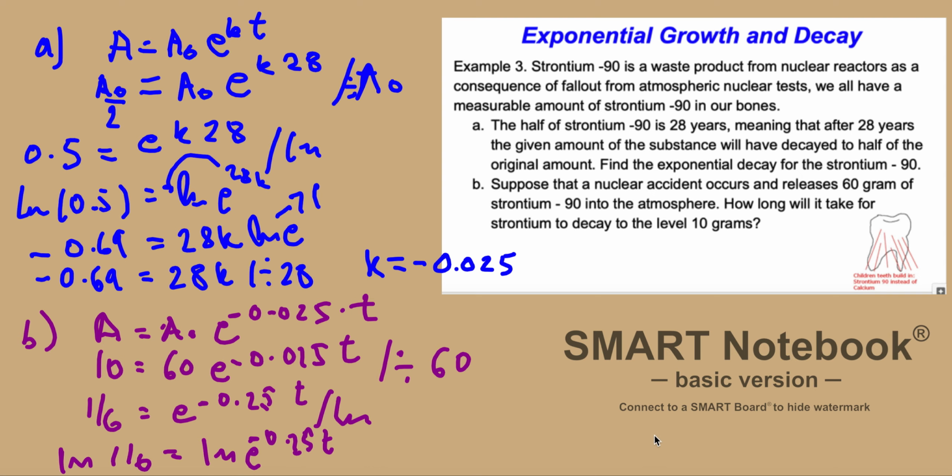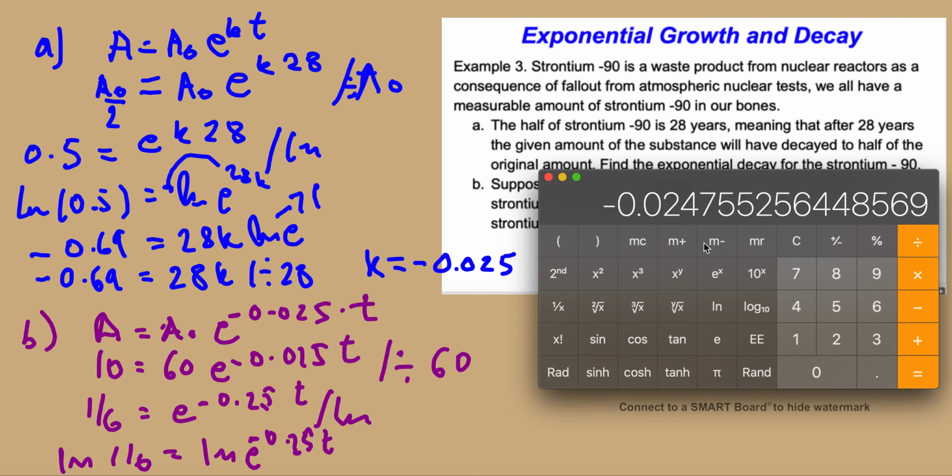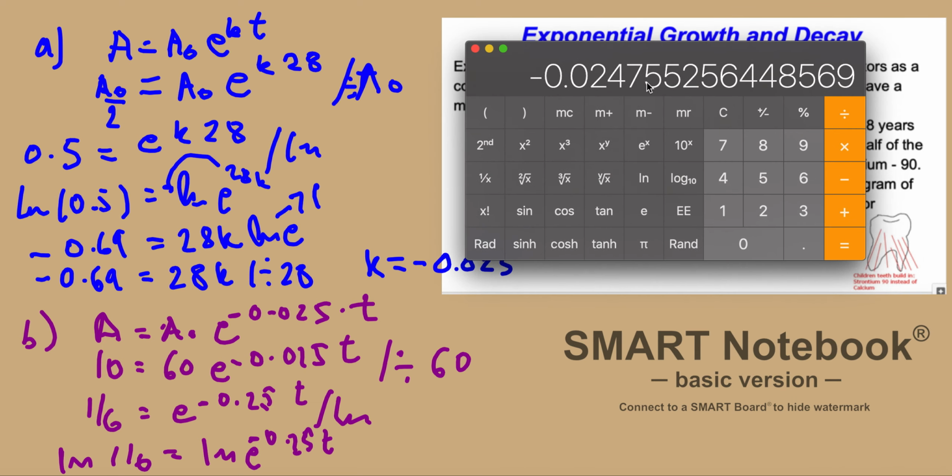And now we're going to see in the calculator what we can do. We take ln of 1 over 6: 1 divided by 6 equals, and I'm taking ln, which is negative 1.79.